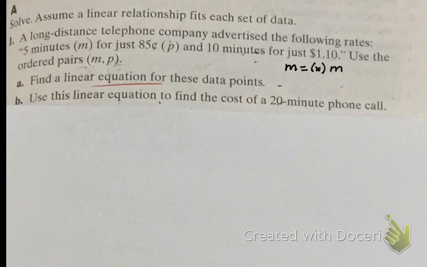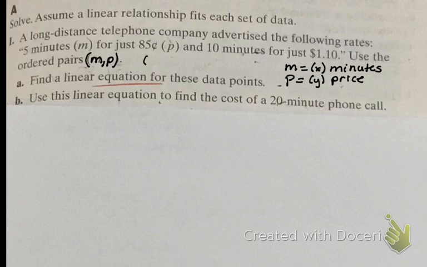It stands for minutes. How did you know that the M was for X? Because it's written first in this ordered pair right here. It's in the X position. And what does the P represent? Y. That is my Y, and it stands for what? Money. My money price. Right?